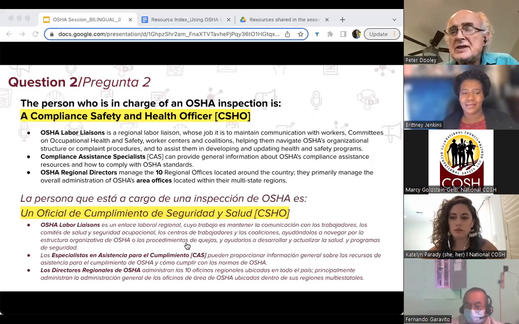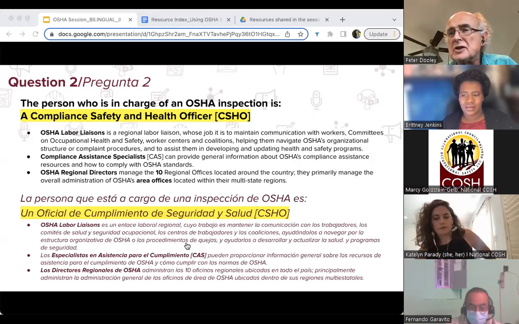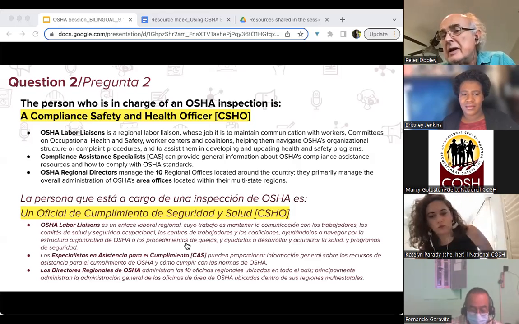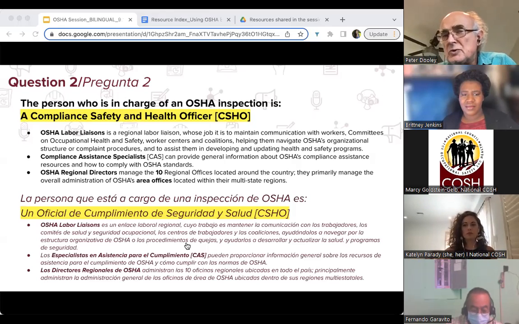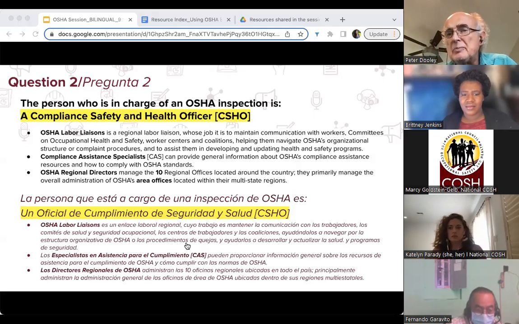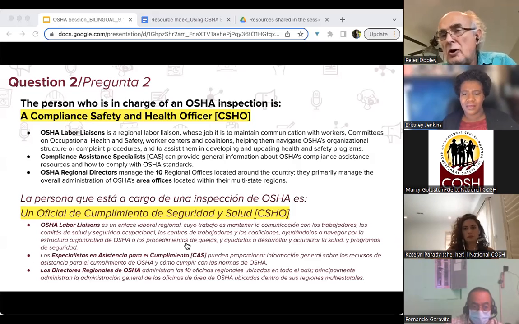The compliance assistance specialists are another position within the OSHA offices, and they can provide general information about their programs, where they can assist workplaces with any kind of issues in complying with standards. And of course, the regional directors: there are 10 OSHA regions around the country, and they are all administered by a top administrator, the regional director.